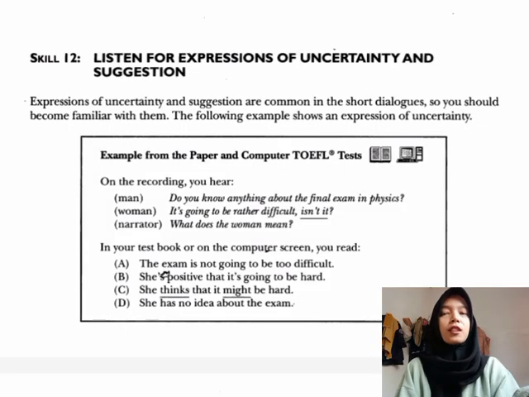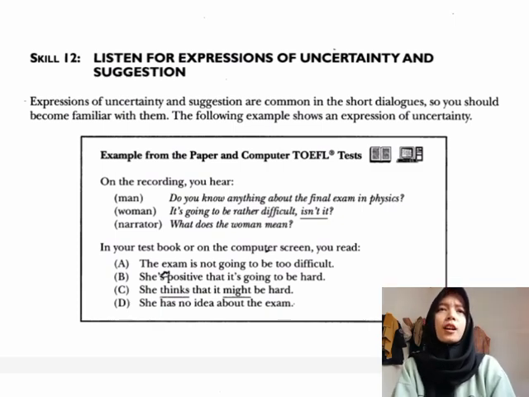Okay, now we have skill 12, which is listen for expressions of uncertainty and suggestion. When we find this question, it relates to the question tag. A question tag is used to mention something, to clarify something, and to find agreement.